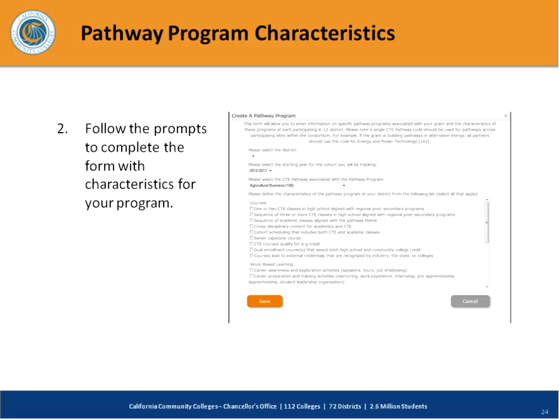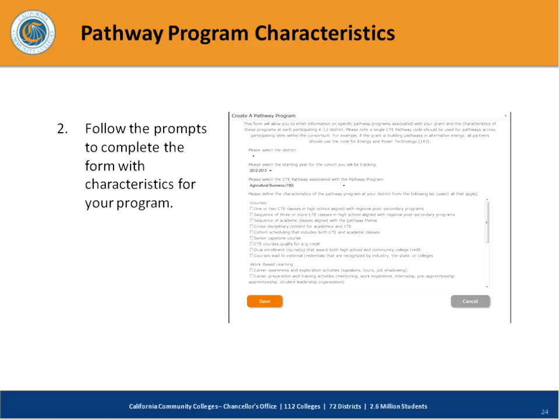So if you're working with seniors now who started last year, you'd be entering 2013-14 as the starting year for that cohort. You're going to select that CTE pathway code, the one of 58, and you see we've got them listed by the name. You don't have to know the code by heart. And then there's just going to be a very simple checkbox where you can indicate which of the following characteristics are associated with that program.